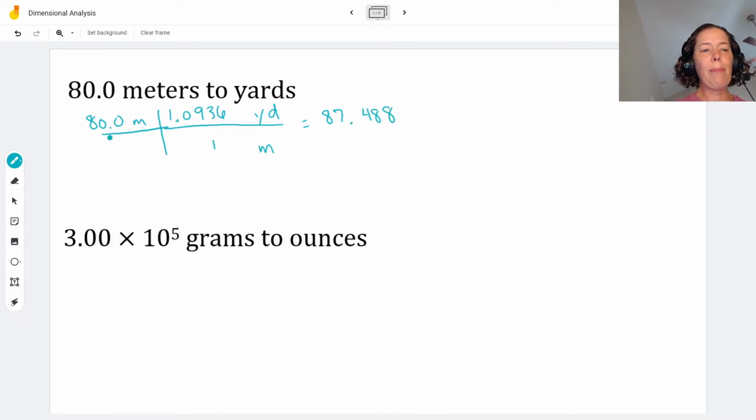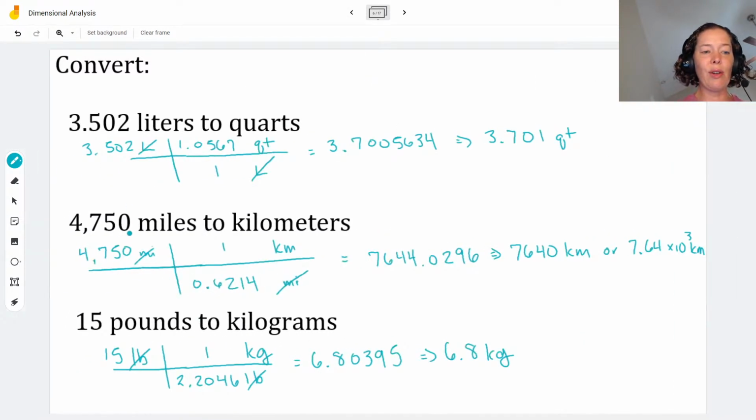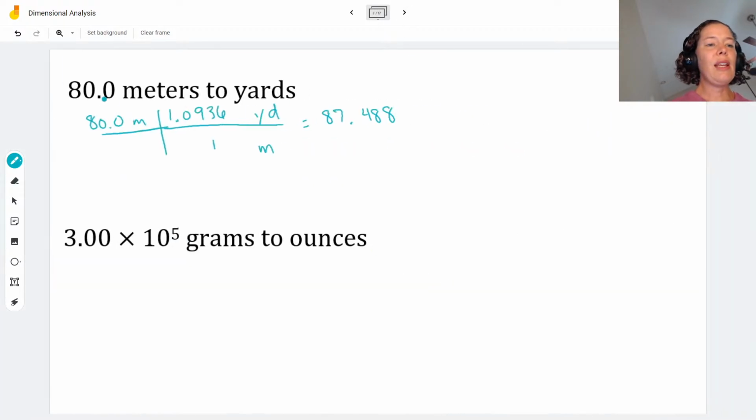Okay, so this 80.0 has 3 sig figs. The thing that makes it different from the previous problem, where this 0 was not significant, is you've got this 0 that is to the right of a significant digit, it's to the right of that 8, and it's to the right of the decimal point. So this 0 is significant, which makes this 0 in the ones place a captive 0, which means it is also significant.